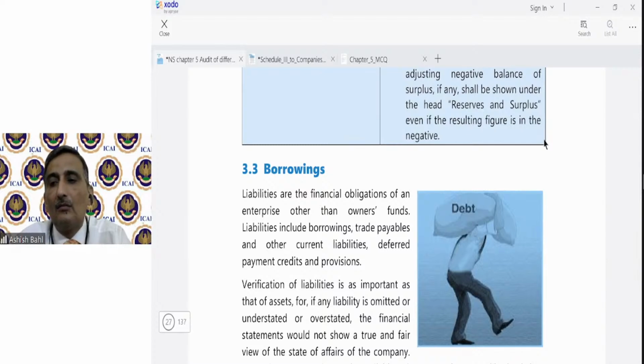I hope you have gained at least an elementary understanding of this chapter, and do not get frightened by its size, because 70-75% of this chapter is covered by your accounting standards, your company law provisions and Schedule 3 requirements.